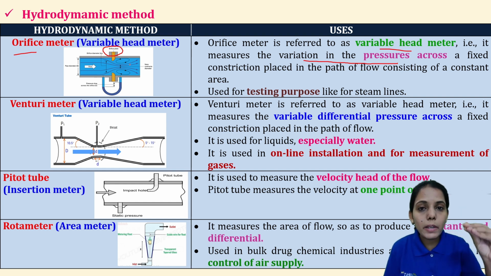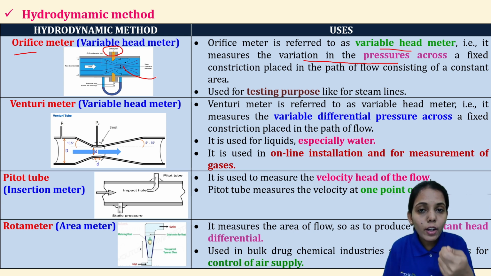Constriction means something is narrowing, for example blood vessels. Here you can see this is a constriction point. For example, a long pipe is there from which water is flowing, and suddenly if you press the pipe, a constriction will be there and water will flow with much pressure.